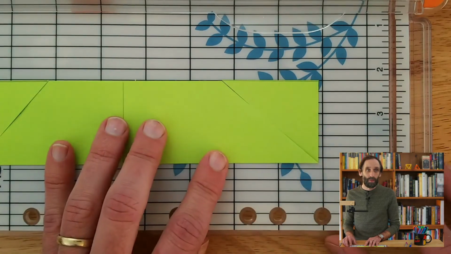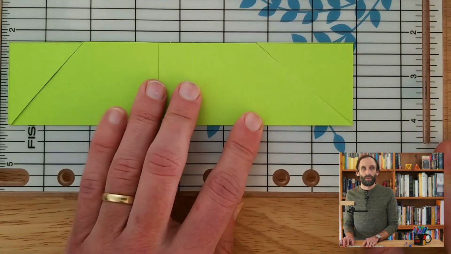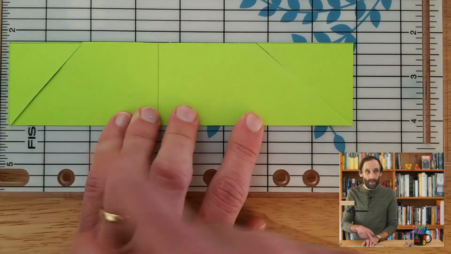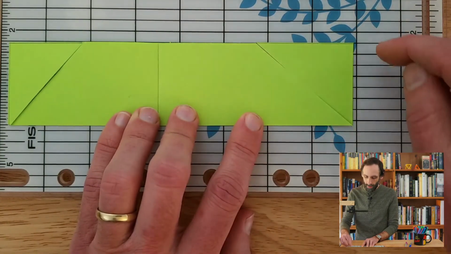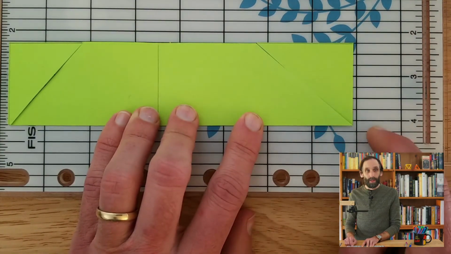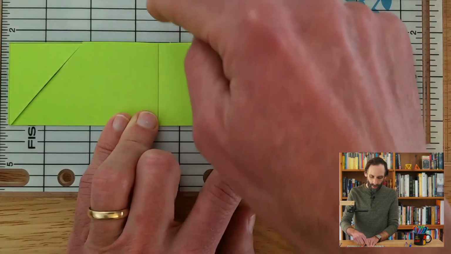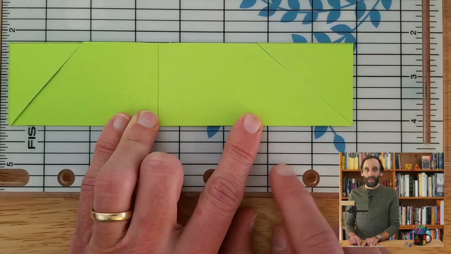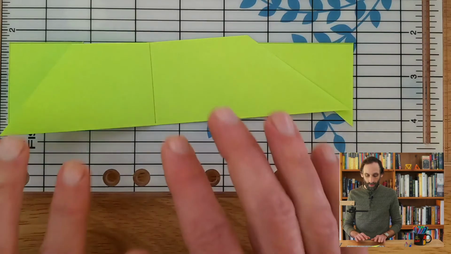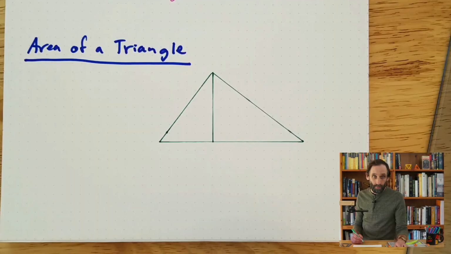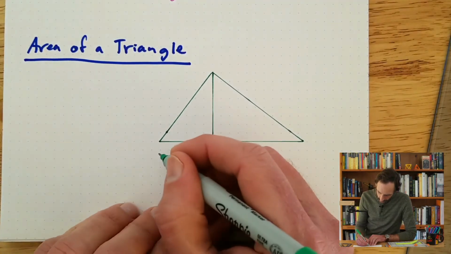Okay, now I have a rectangle in which the base of this rectangle is the same as the base of the original triangle, but the height is half of the height of the original triangle. And so that's where we get the formula for the area of a triangle from. Okay, so here's my triangle.